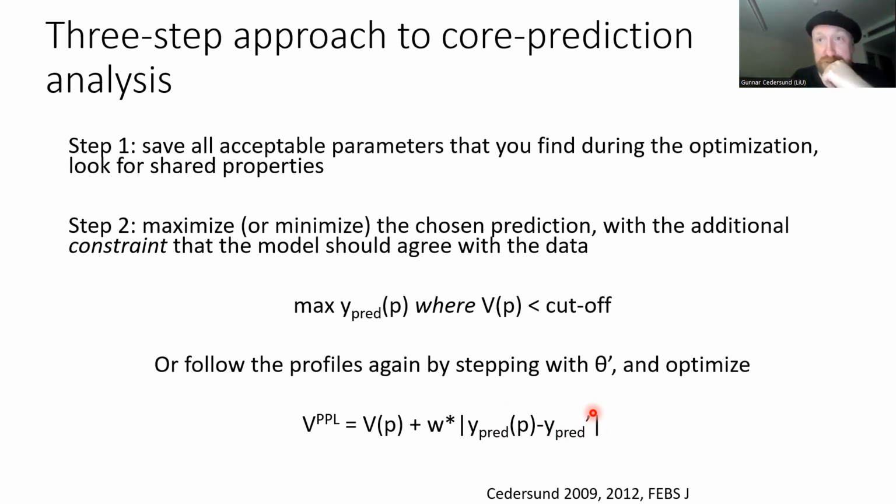And this is how you do the same type of stepping as we did for the parameter. It's just that you're doing the stepping now in a prediction, which you cannot set, but you can make the optimization fulfill this constraint.